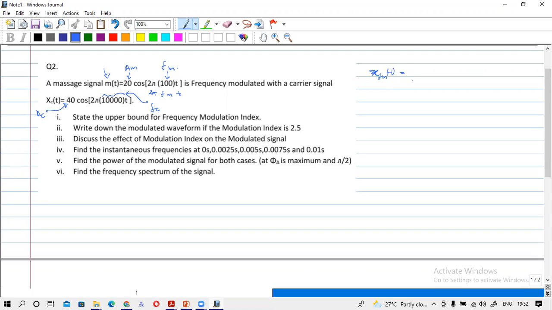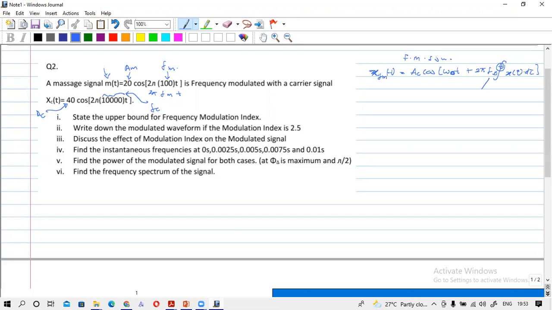The frequency modulated signal is equal to AC cos omega CT plus 25 F delta, integration within T, this is the time of the message signal, X of tau, d tau. This is the general form of the frequency modulated signal.